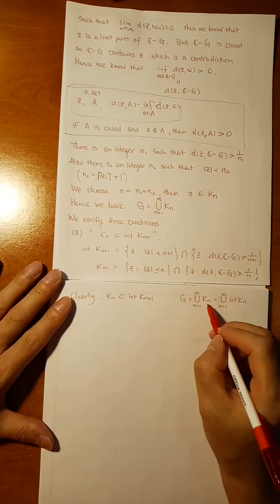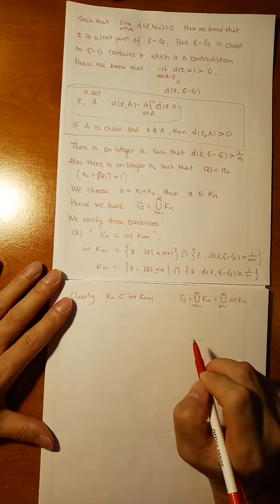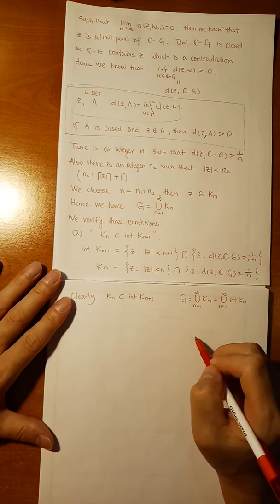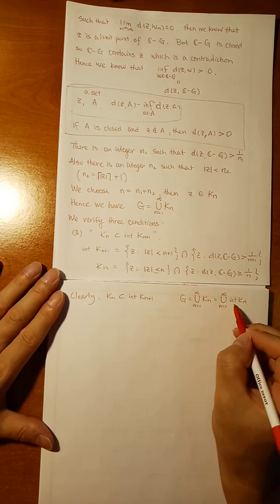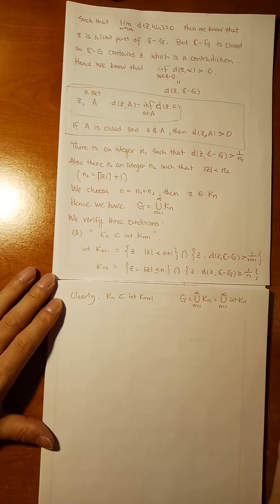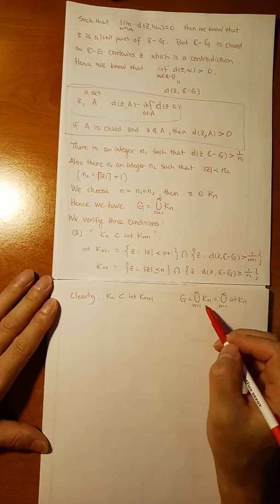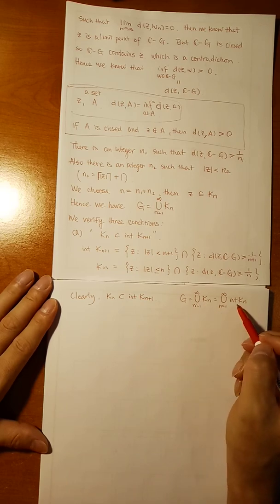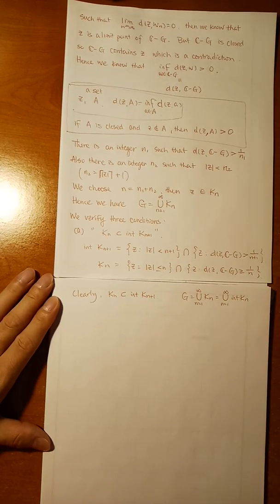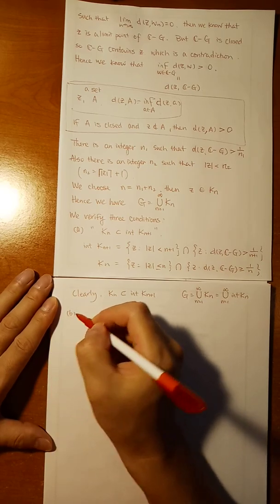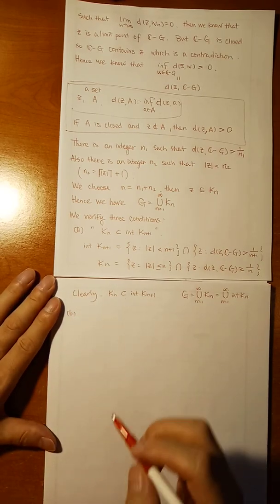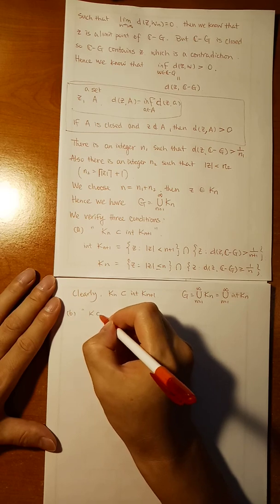Each interior part belongs to the Kn, so this is a subset of this union. And each Kn belongs to the interior part of Kn plus 1, so this part is a subset of the next one, so they are equal to each other. Okay? So Kn is a compact set, but the interior part of Kn is always an open set. All right? So second condition.